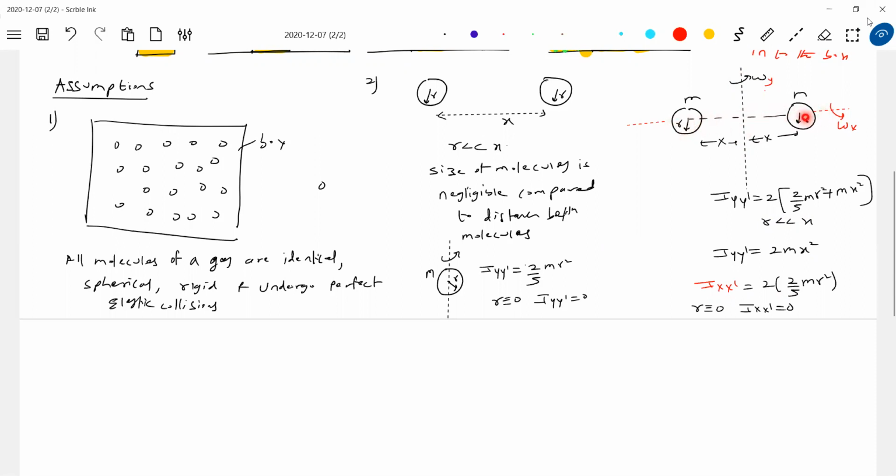For a monatomic gas molecule, the moment of inertia about any diameter will be 0. That is the use of this. The size of a molecule is negligible compared to the distance between molecules. You might have studied it in chemistry just as a statement, but in physics we know better ideas.